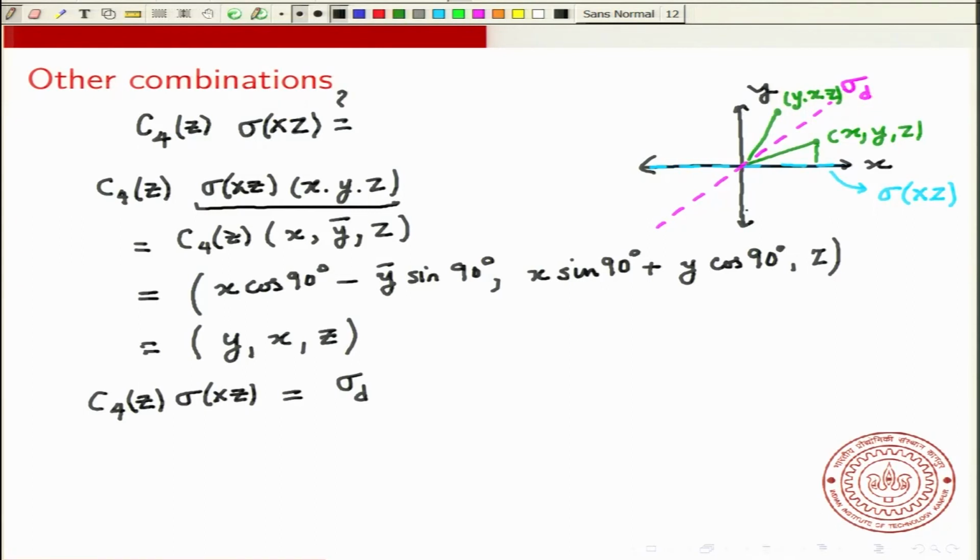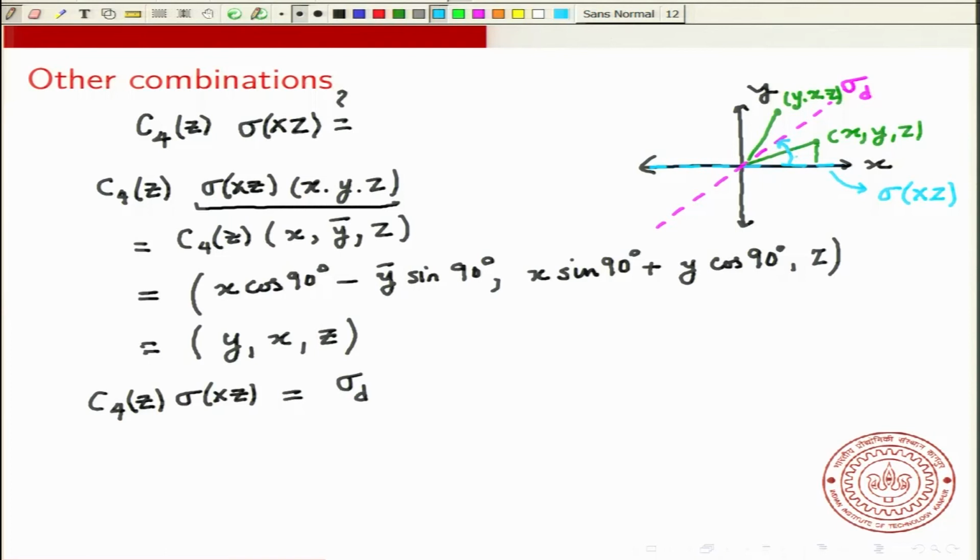then you will end up with sigma yz. So, you can think of this C4 operation in the following way. It took this sigma xz mirror, which is shown in blue, and converted it to this sigma d mirror.